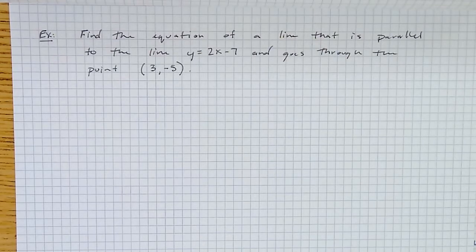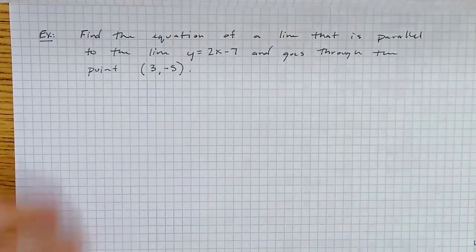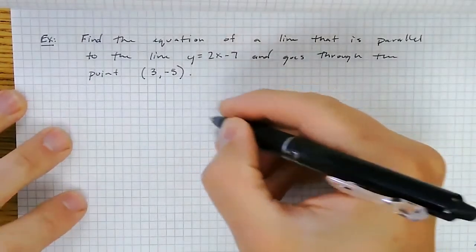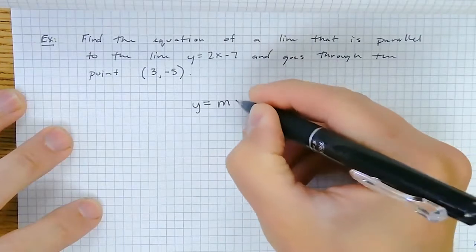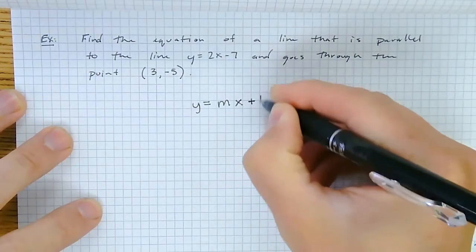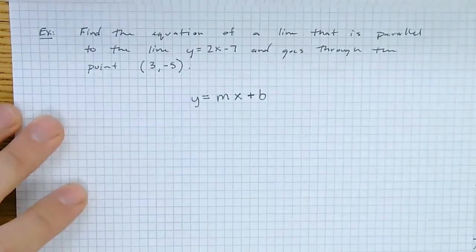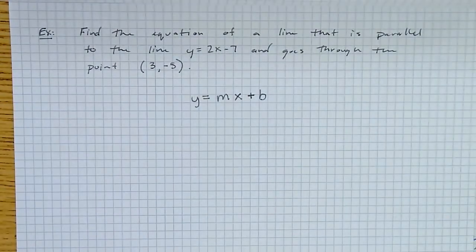So in this case, they're asking you to find the equation of a line that is parallel to the line y equals 2x minus 7 and goes through the point 3, negative 5. Give you a second to copy that down.